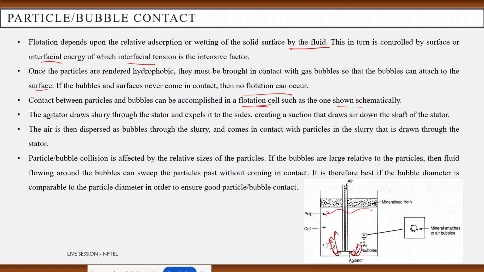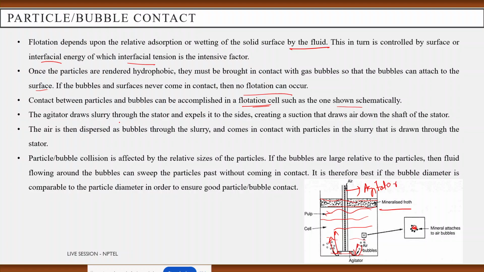So this contains the pulp, and over time mineralized froth is collected from the top of the pulp. Here what is happening, this is the gas bubble, and minerals are attached to the gas bubbles.